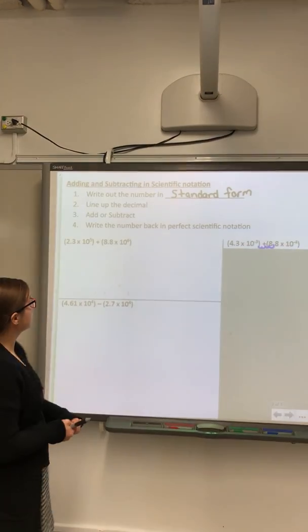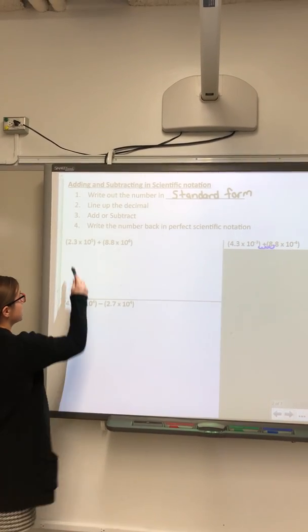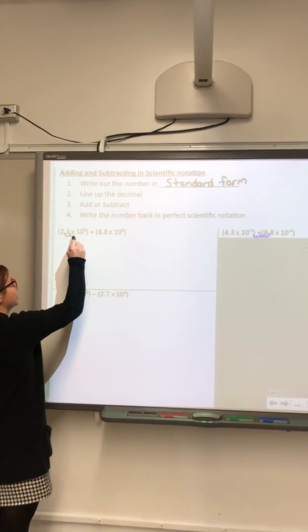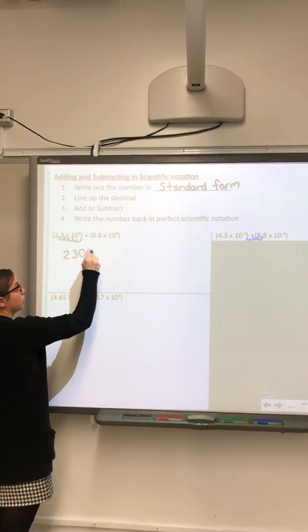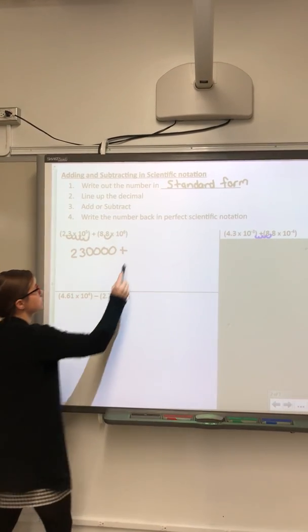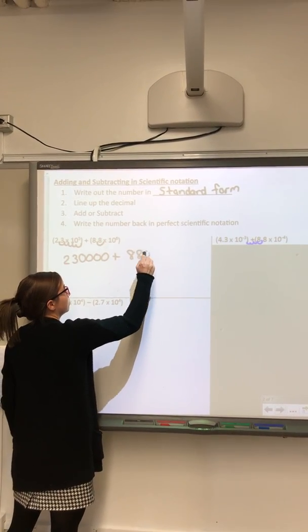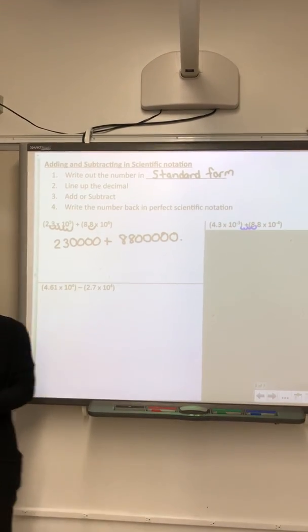The first thing you're going to do is write your numbers out in standard form. So I'm going to move my decimal 5 spots. 1, 2, 3, 4, 5. I'm adding 4 zeros. I'm moving my decimal 6 spots. Okay, now here's the most important part.